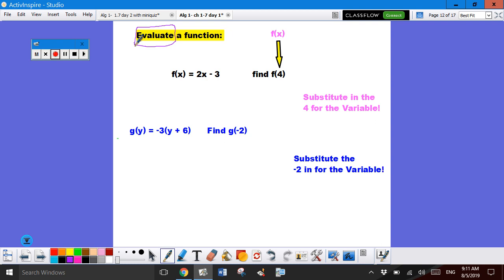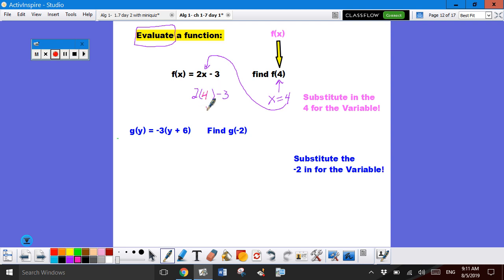Okay, so it's telling us that f of x equals 2x minus 3 and find f of 4. So this right here is telling me let x equal 4. Okay, let x equal 4. So that means this has to go in for x. Notice the math happens on the right-hand side, not the left-hand side, the right-hand side. So we know when we substitute, we use parentheses. So I'm going to put in parentheses for the x, put in my 4, and I'm going to evaluate.